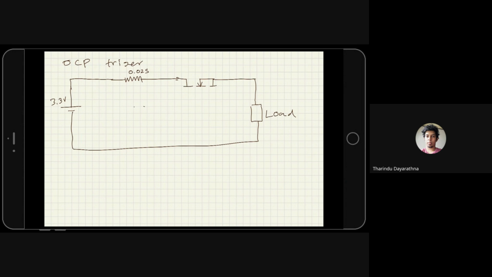So let's say, I forgot some value, so I need to check something. Okay. So there is a voltage measuring. We have the OCP IC here.